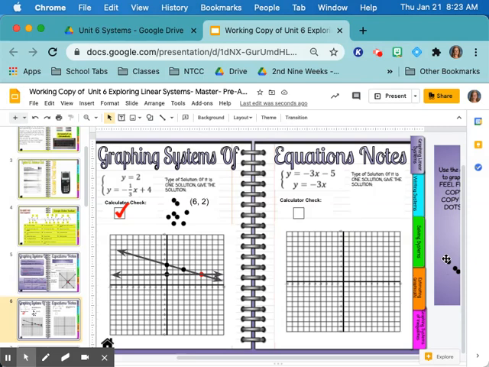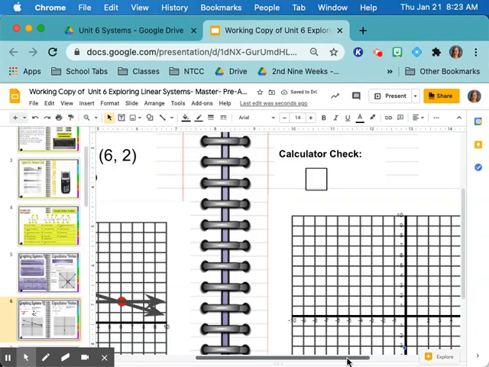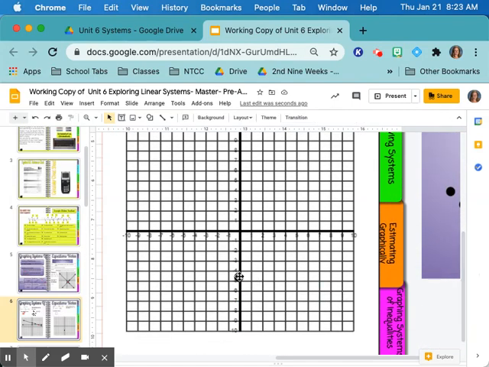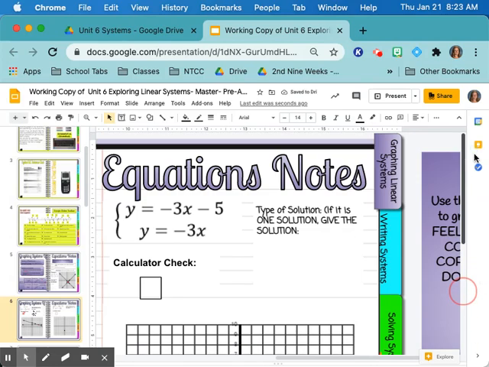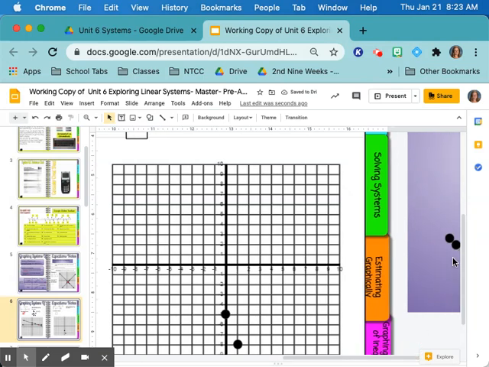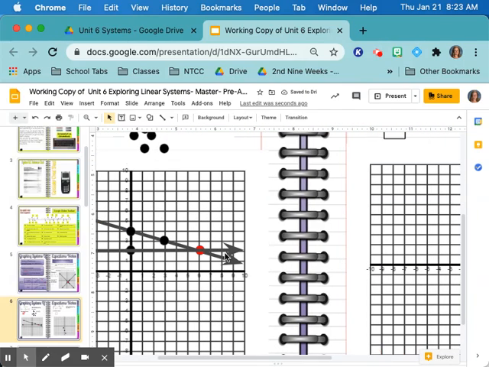So we have negative 5. Let's zoom in. Negative 5 as our y-intercept on the second one, or first one. And then down 3 over 1. Down 1, 2, 3 over 1. We could also go up 3 over 1. We need a line.